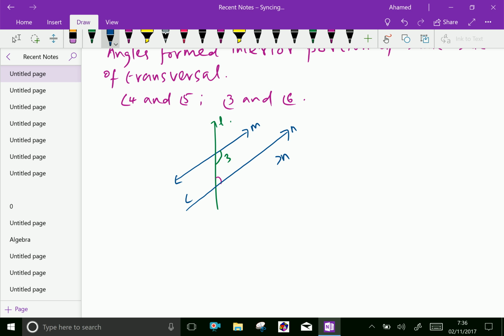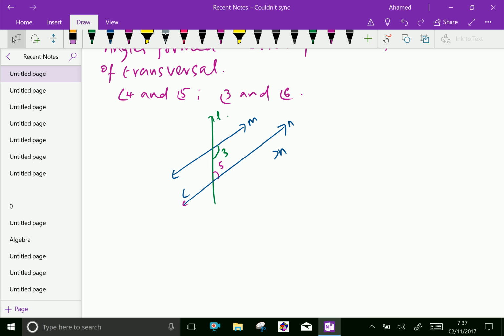Angle 3 and angle 5 are called consecutive interior angles, which means both angles are formed on the right side of the transversal. Angle 3 is below M and angle 5 is above N, so both are near each other.